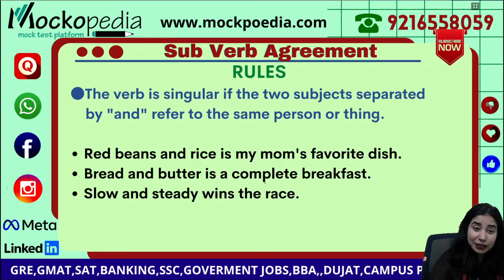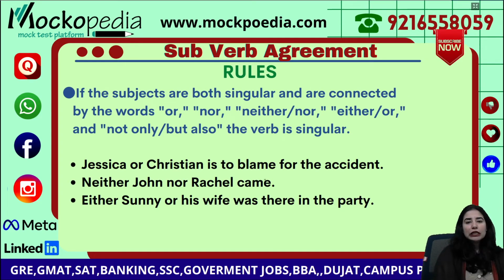Let's proceed further. Now, whenever we are combining two singular nouns or singular subjects with or, nor, neither nor, either or, not only but also, the verb is singular. Let me repeat: or, nor, neither nor, either or, not only but also. The verb is singular.